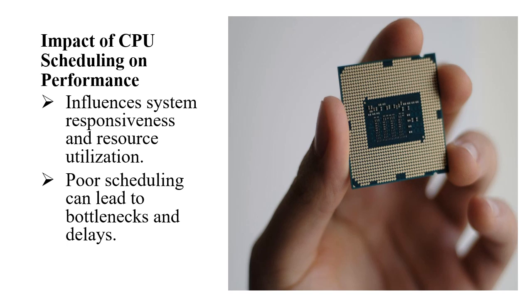Poor scheduling can lead to bottlenecks, delay, and low CPU usage. For example, FCFS is simple but can cause long waiting times. SJF minimizes waiting time but may lead to starvation. Round robin ensures fairness but increases context switching. Choosing the right scheduling algorithm depends on system workload and requirements.